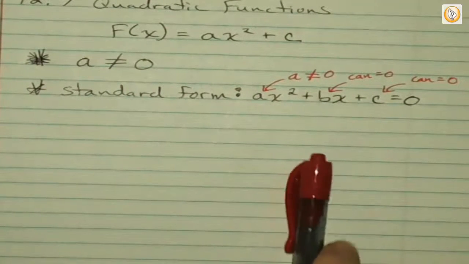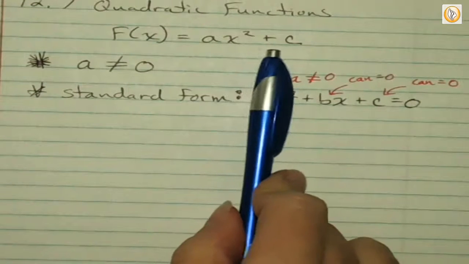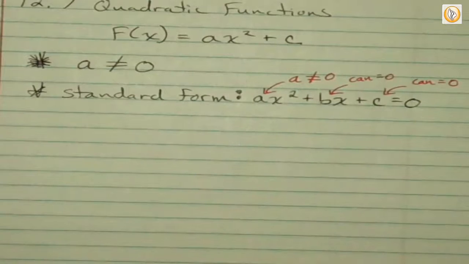So A cannot equal 0, but B and C can be 0, or there may not be one. Like right here, B isn't even present. So you can have a missing B or a C, but you have to have an A.